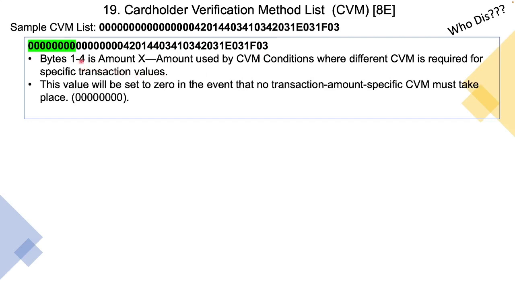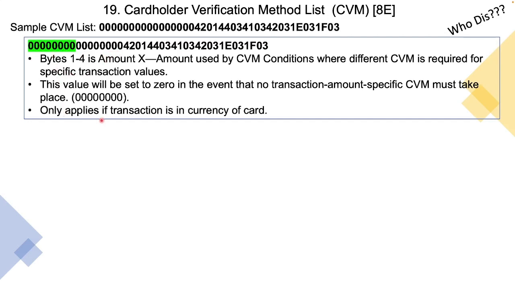If you are not planning to do any transaction value based customer verification, then you would just leave it as all zeros, as it is in this case. The use of amount X and later on amount Y is not widespread. Generally, most issuers tend to set amount X and amount Y to zero.